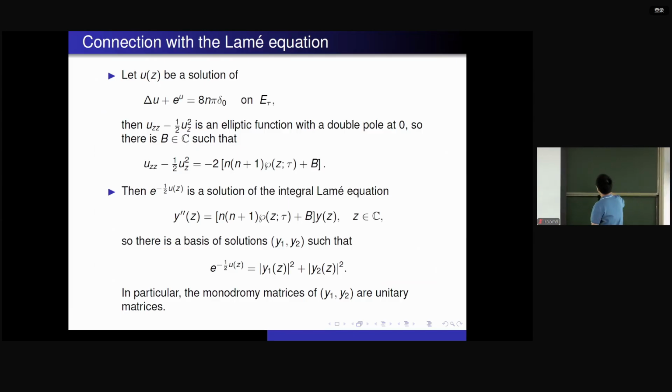So you have this relation, and you can write this in this way.